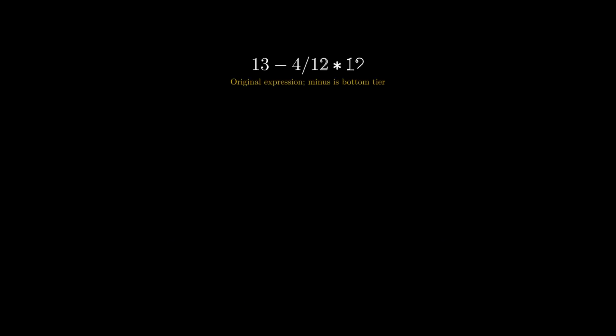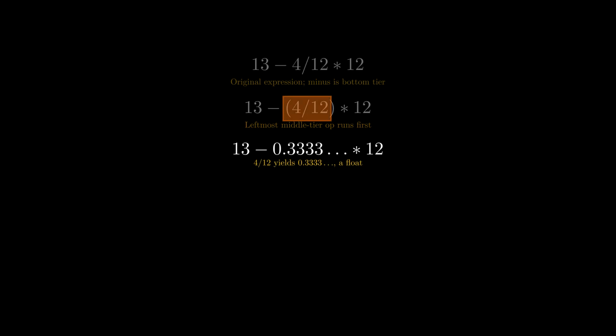Let's walk through a tricky one. 13 minus 4 divided by 12 times 12. The minus sign is bottom tier. The divide and the multiply are middle tier, so they run first. Within that tier, evaluation goes left to right, so 4 divided by 12 runs first. That produces 0.3333, a float.